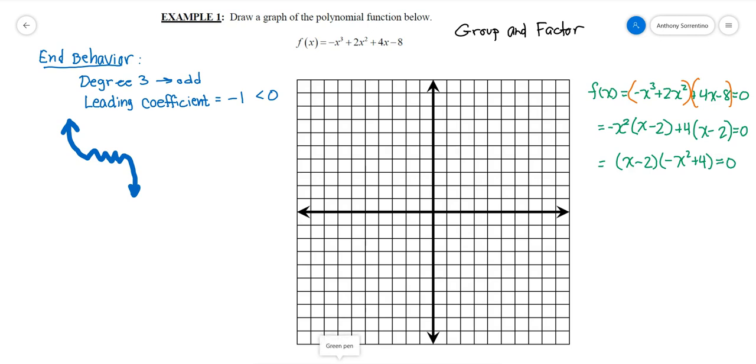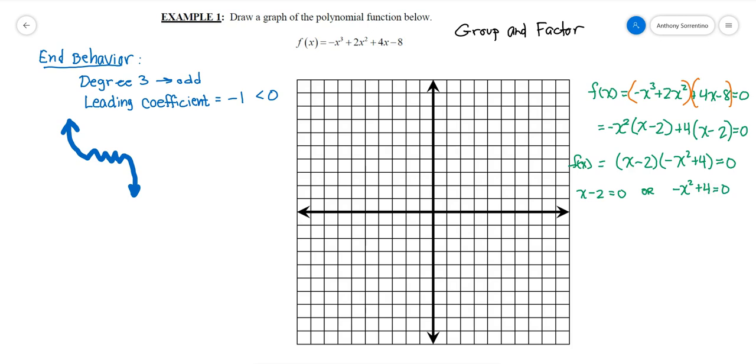So now I have this factored into quadratics and linears, and by the zero product property, either x minus 2 has to be 0, or negative x squared plus 4 has to equal 0.